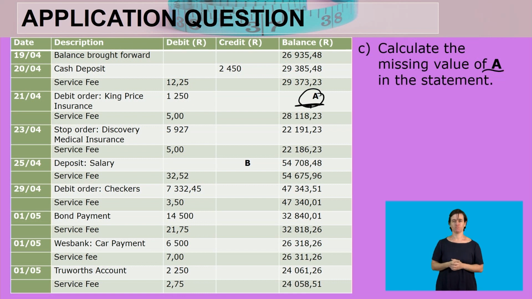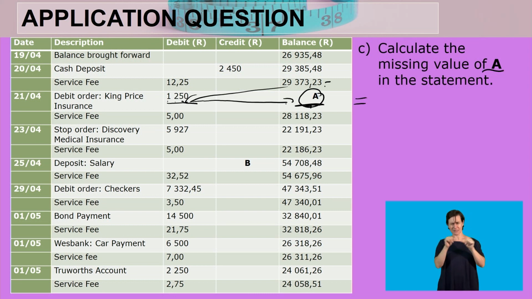Looking at this statement, on the 20th we are given a balance of 29,373 rand 23, and there was a debit of 1,250. After this debit we should determine the new balance on that day.